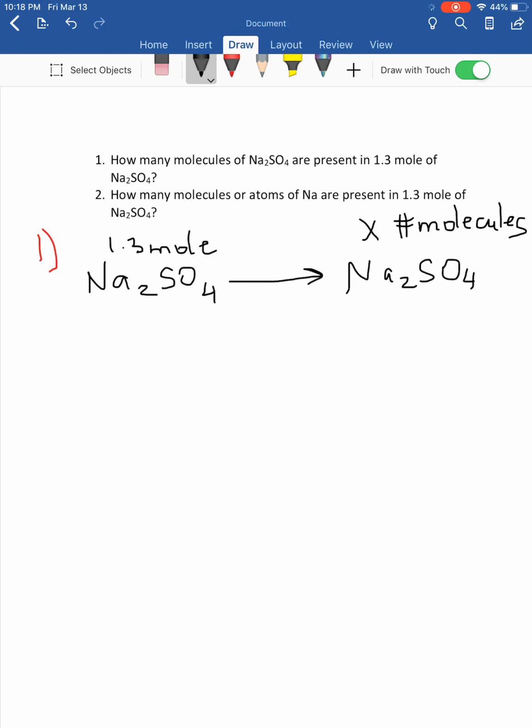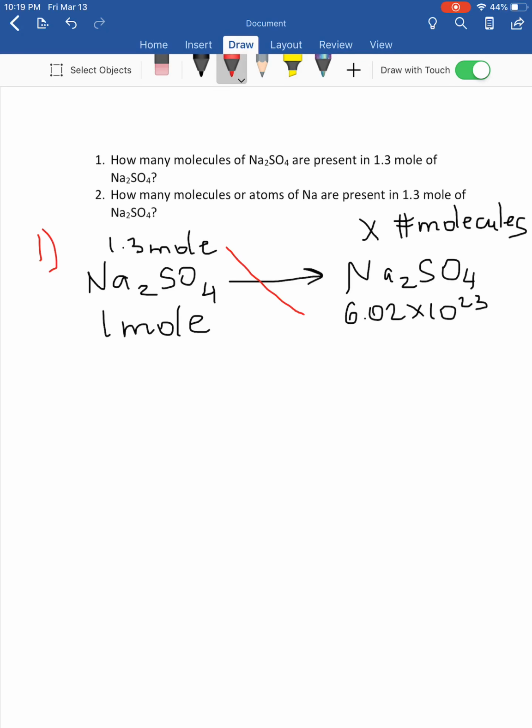I explain in more detail how to set up this equation, and about proportion and cross multiplication. Here on the left side we have 1.3 moles, which means we have 1 mole on the bottom. It's a standard condition, and since we have to find the number of molecules on the top, we're going to write 6.02 times 10 to the 23, which is Avogadro's number. All we have to do is a cross multiplication.